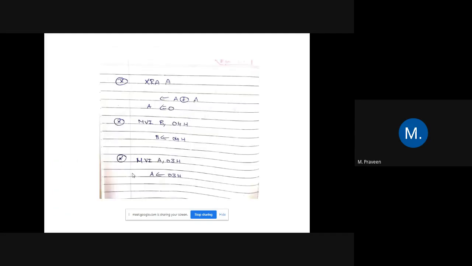The first instruction is XOR A. I think everyone knows what XOR logic is. If two values are the same, then the output of the XOR is going to be 0. If two inputs are different, then the output of the XOR is going to be 1.